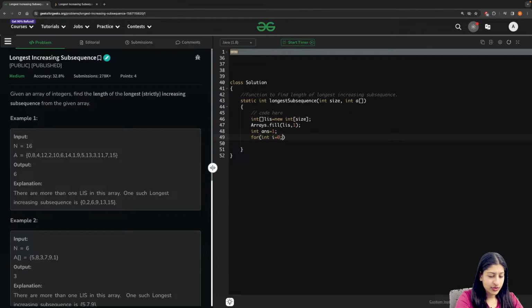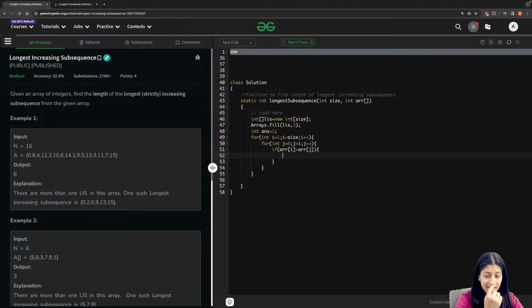Int I equal to 0 will start from 1, I is less than n, size, and I plus plus. You take the next loop starting from j equal to 0 till j is less than I and j plus plus. You check if your ARR of I is greater than ARR of j, that means it can form a subsequence.